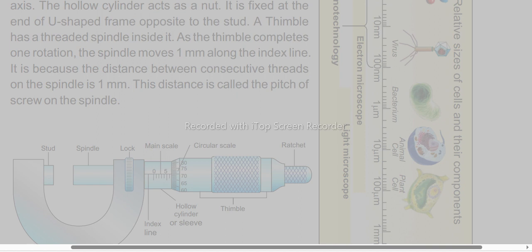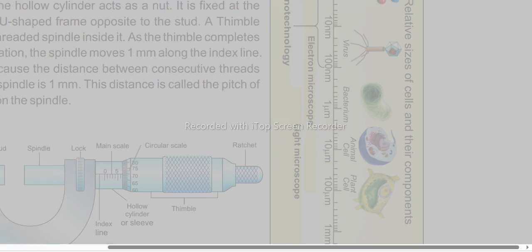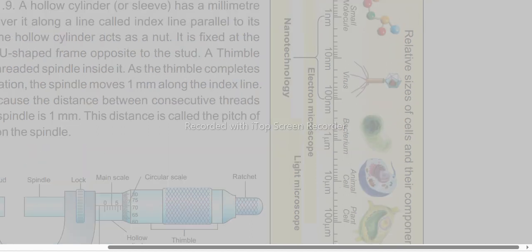Relative sizes of cells and their components. Small molecule. Virus. Bacterium. Animal cell. Plant cell. Electron microscope. Light microscope.